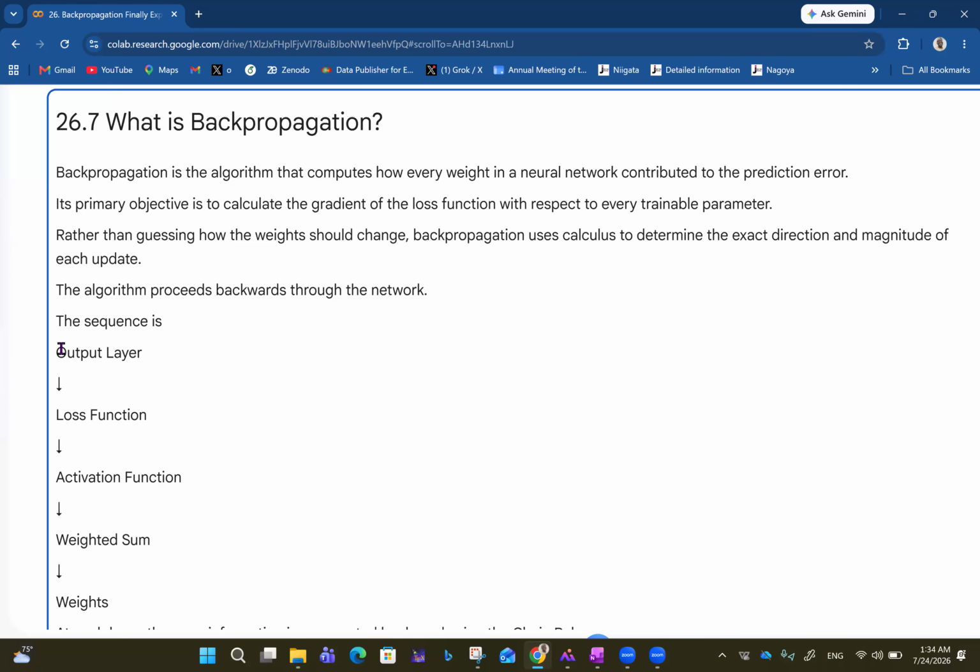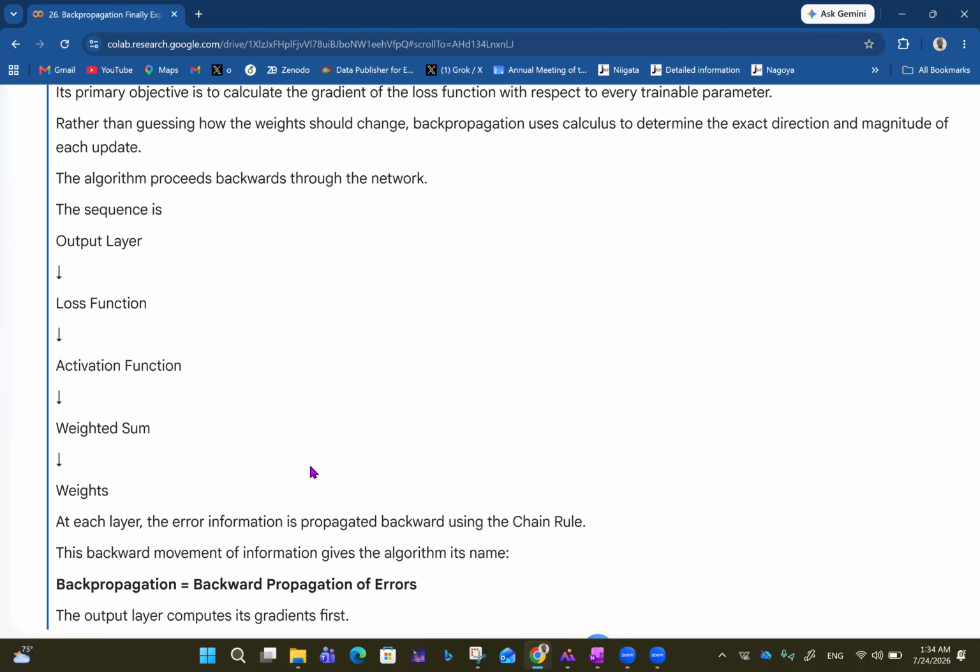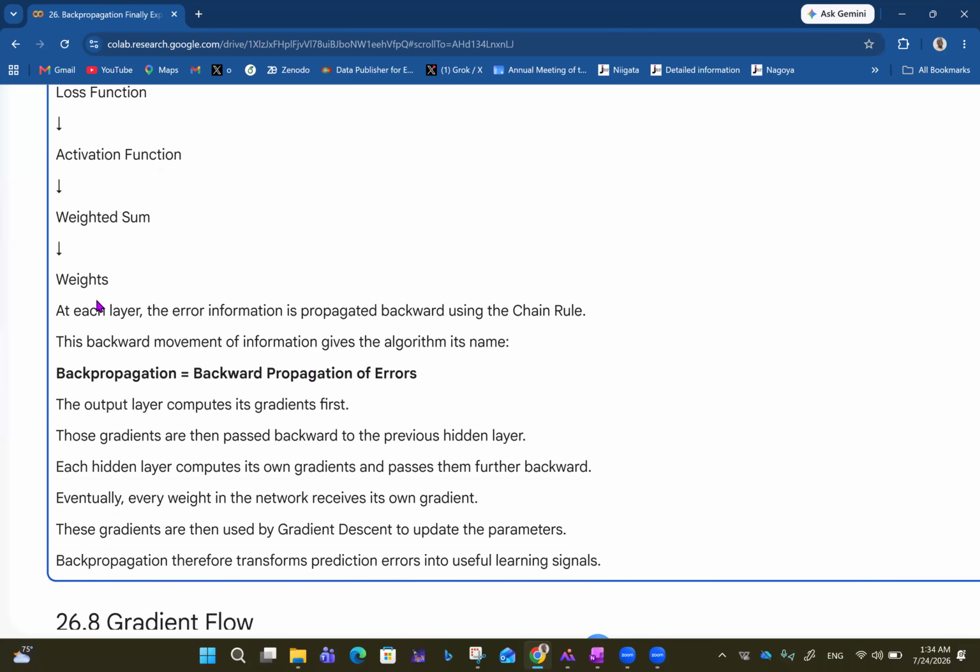The sequence is you have the output layer, you have the loss function, you have the activation function, you have the weighted sum, and then you have the weights. At each layer, the error information is propagated backward using the chain rule. This backward movement of information gives the algorithm its name, backward propagation of errors.